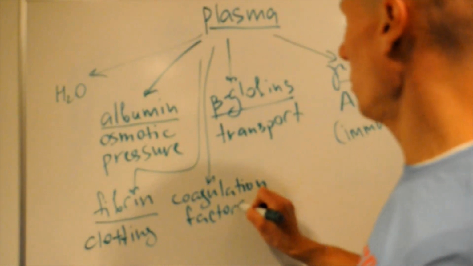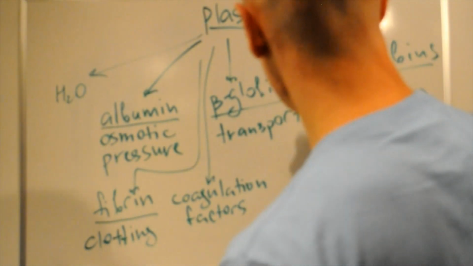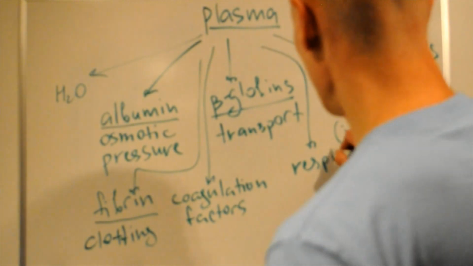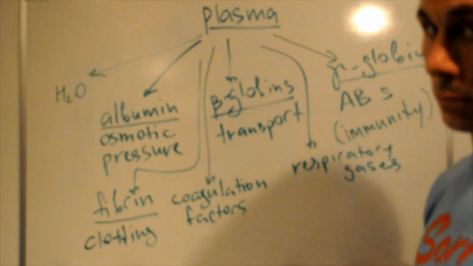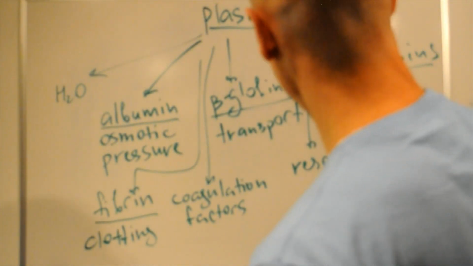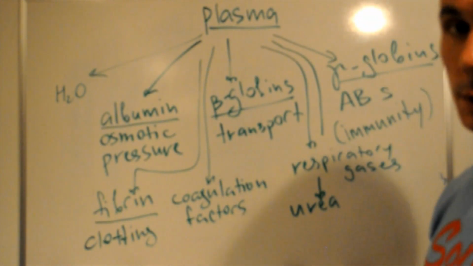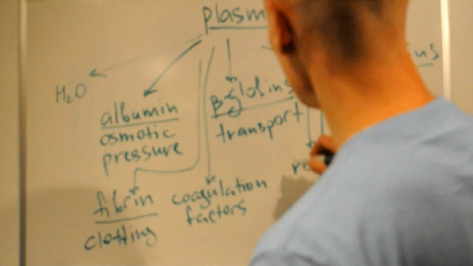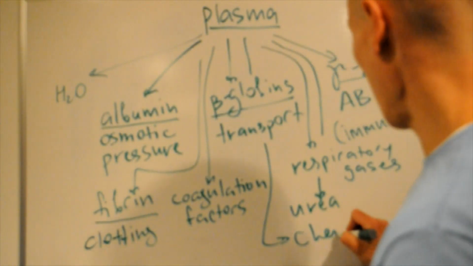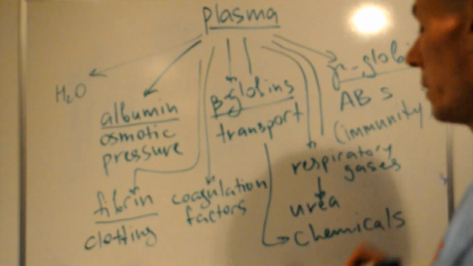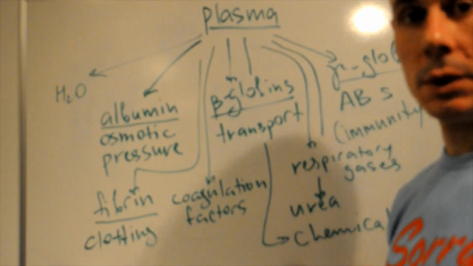Well, the name speaks for itself. They're responsible for coagulation. Respiratory gases, name speaks for itself, urea, which is the product of protein metabolism, and chemicals such as glucose, amino acids, hormones, that kind of stuff.